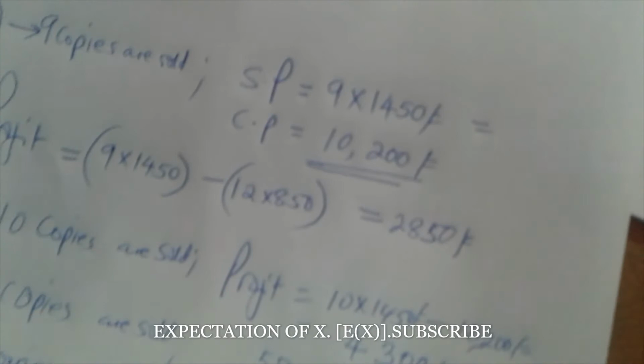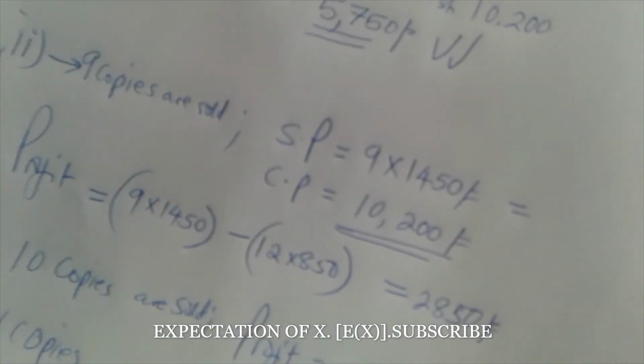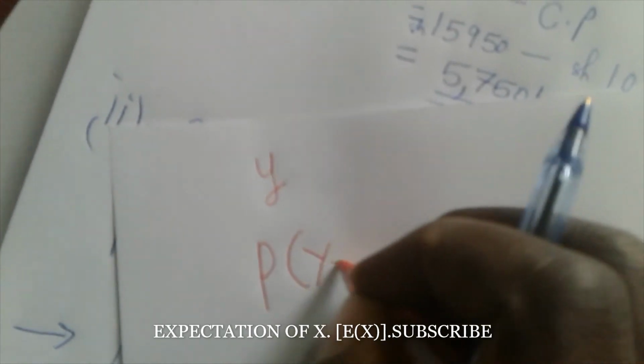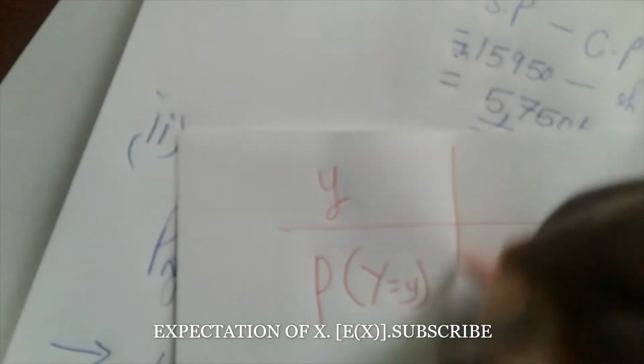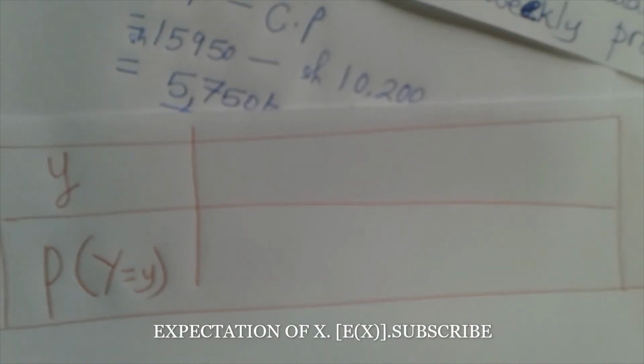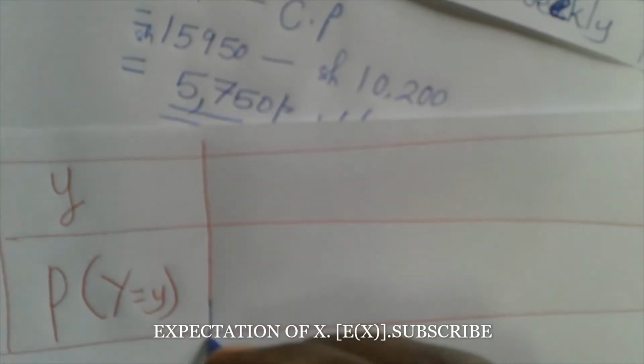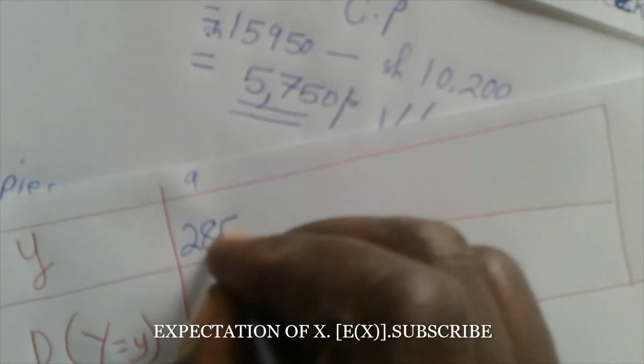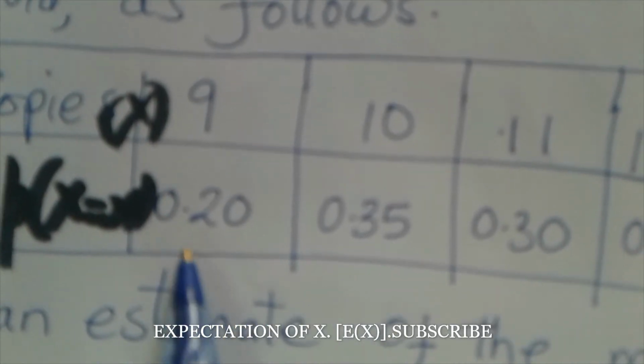It will be easy now for us to get the distribution table, made up of y and the probability of capital Y equaling small y, where y stands for the profit. When 9 copies are sold, we shall have a profit of 2,850, and this corresponds with a probability which does not change of 0.20.